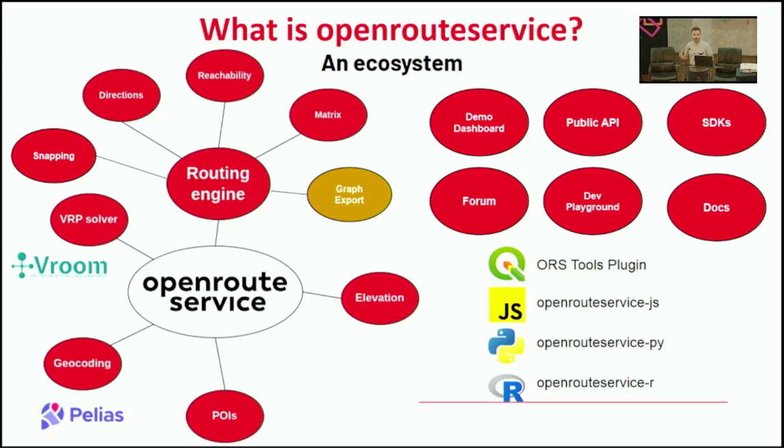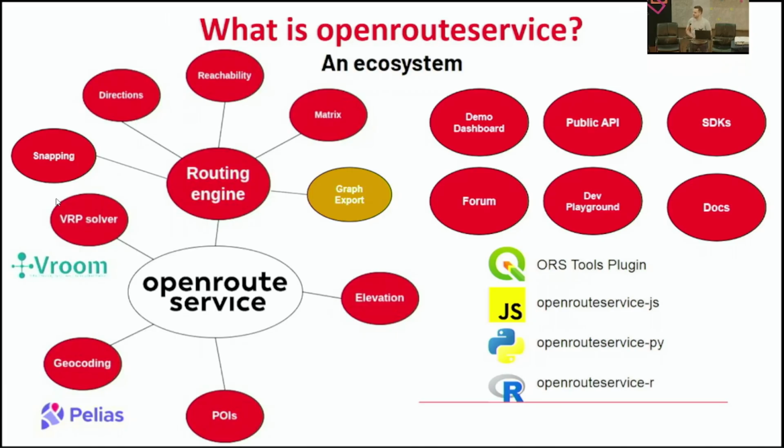Very soon, we will have the possibility to export graphs on a global scale, just with one click, and let you import that into QGIS, or you can use it with Python and do network analysis on top of that. So you can actually visualize the routes and also understand how routing works and why results are how they are. But we added also elevation, POIs, geocoding on top to make the whole package a bit more complete.